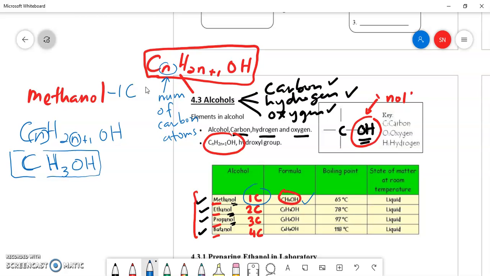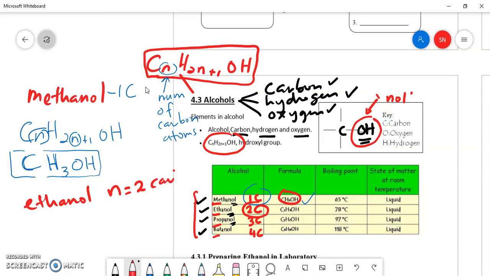Now, if you look at ethanol, the number of carbon atoms is 2. So n is 2. I already said it goes 1 carbon, 2 carbon, 3 carbon, 4 carbon. So ethanol has 2 carbon atoms.